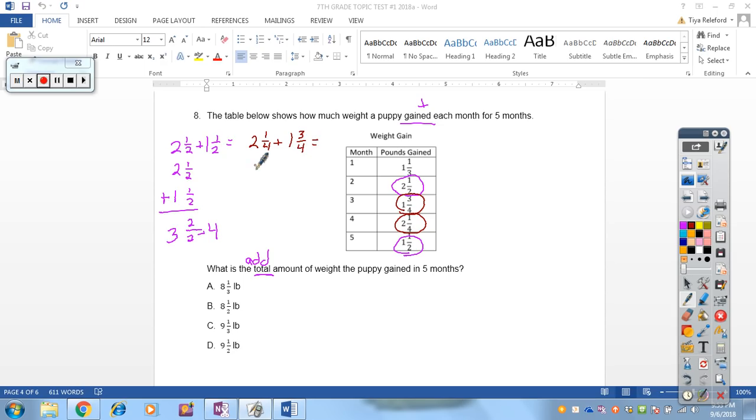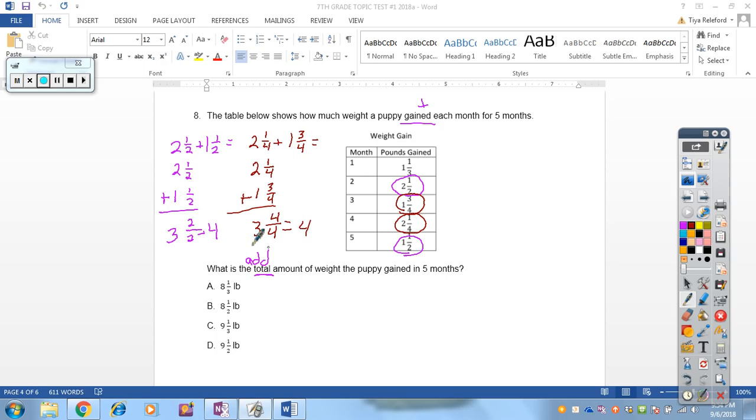Common denominator is done. So I'm going to write it vertically. My denominator is the same. 1 plus 3 is 4. 2 plus 1 is 3. 4 over 4 is the same thing as 1, right? So I have 3 and 1.